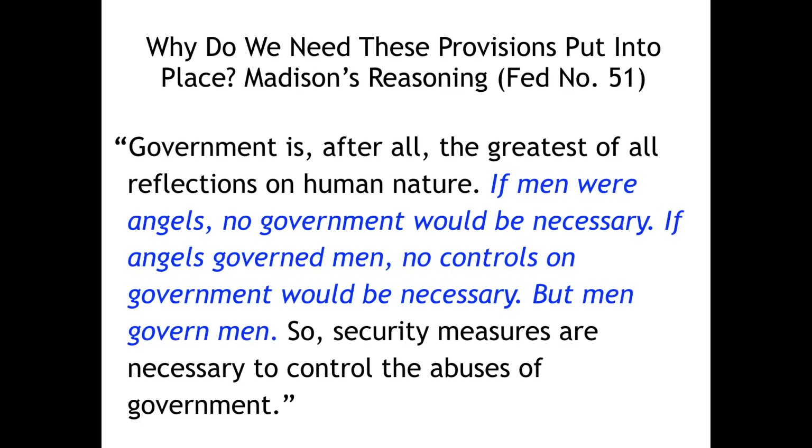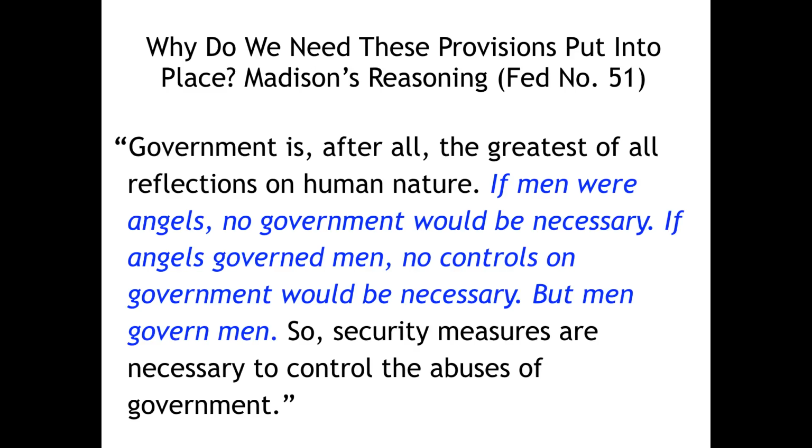And in 51, Madison lays out his rationale for government. And in it, he says, government is, after all, the greatest of all reflections on human nature. If men were angels, no government would be necessary. If angels governed men, no controls on government would be necessary. But men govern men.